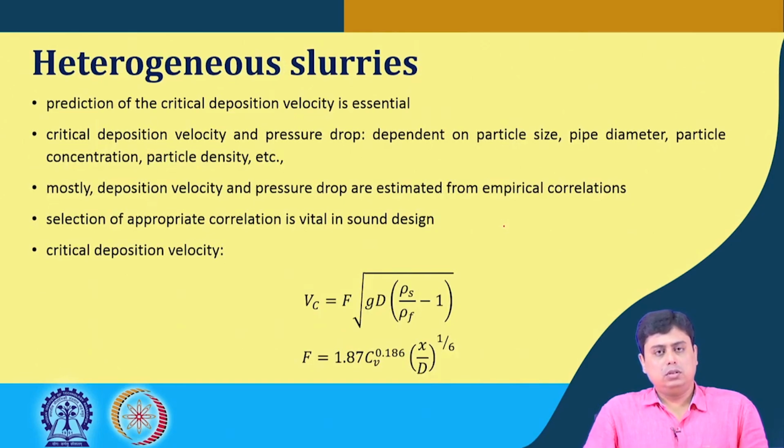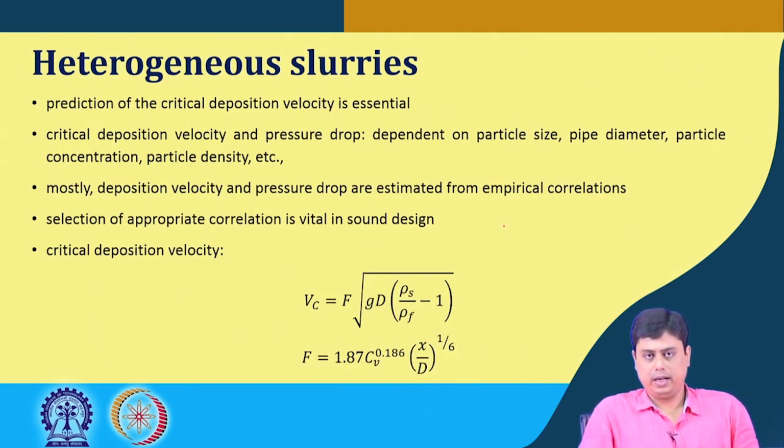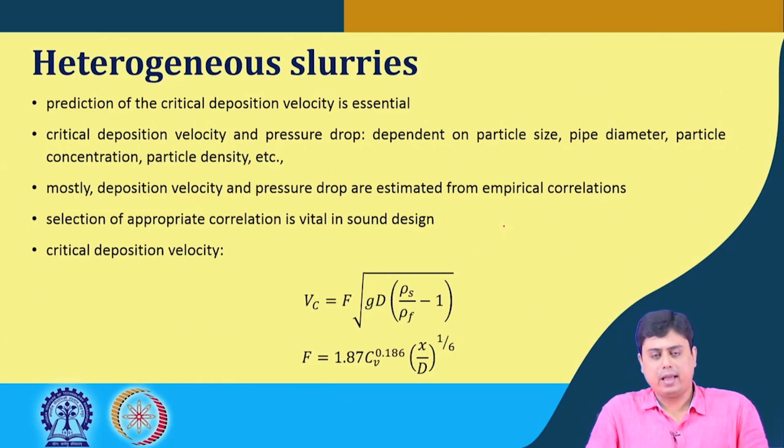Now, this was the discussion on the homogeneous slurries, that is, we assume that the particles are not settling, they are suspended till the flow happens, all the slurry flows from one place to another place. But in case of heterogeneous slurries, we know its nature, that a few particles will tend to settle, but it will settle in the saltation regime.